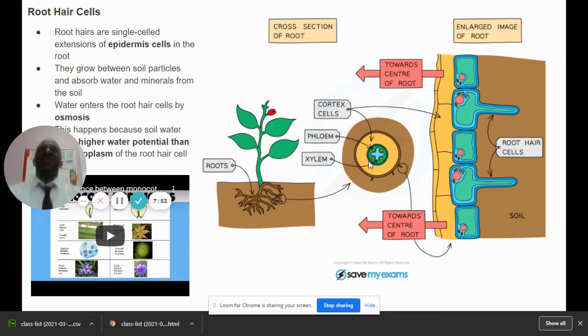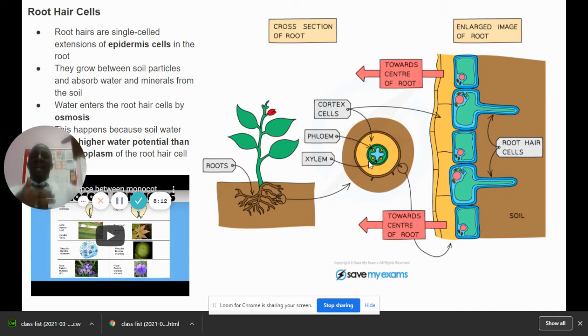Cohesive forces are forces of attraction between molecules of the same kind, for example a water molecule and another water molecule. Adhesive forces are forces of attraction between water molecules and the xylem vessels. When the two forces come together, they create tension, which forces water to move up.